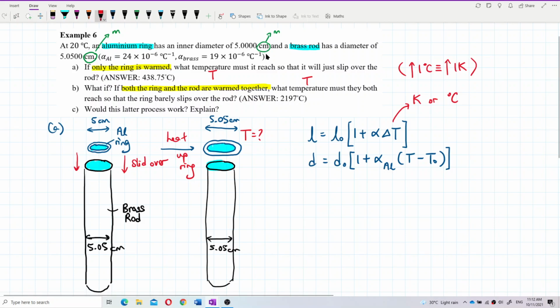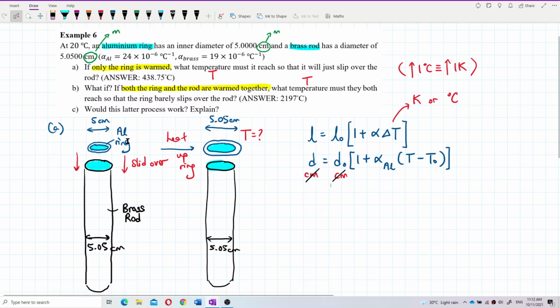Or actually, we can also maintain as centimeter because these two have the same unit, centimeter. So they can cancel out the unit, and they won't affect much. So we can just put 5 centimeter and 5.05 centimeter.